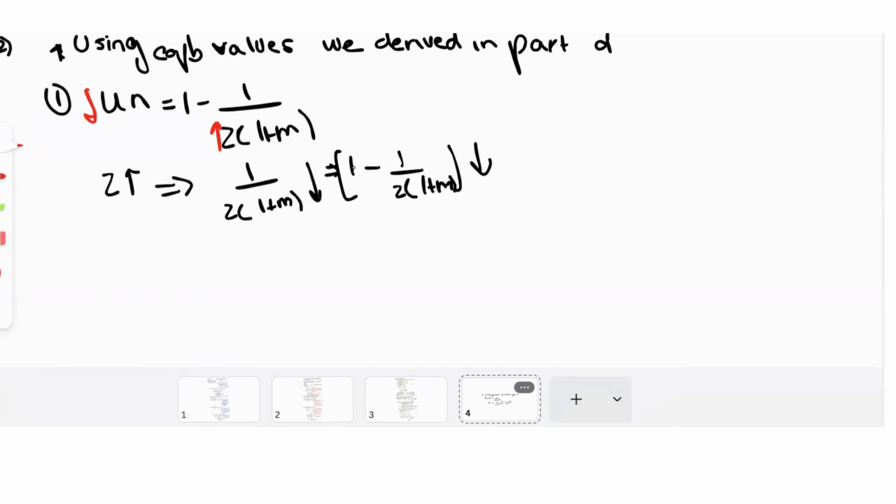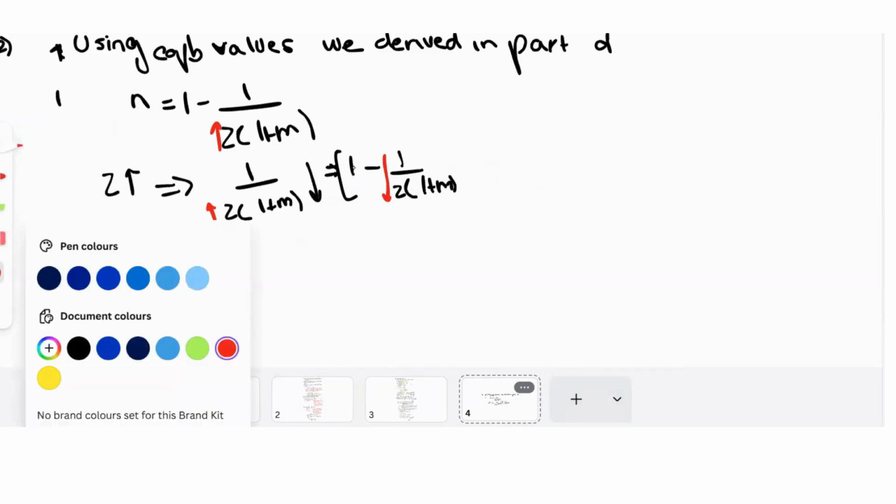Why? Because when Z increases, 1 by Z(1 plus m) goes down because Z is in the denominator. And from 1, you're subtracting a smaller number. Sorry, my bad, so this fraction doesn't decrease, it increases.